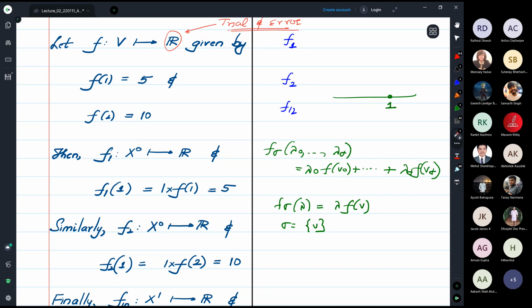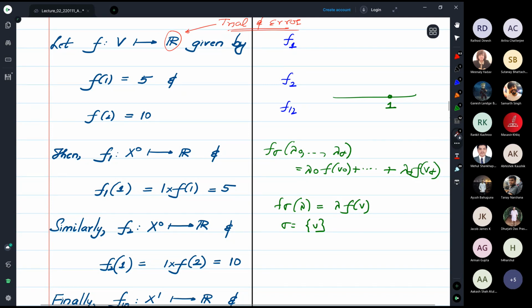Okay. Yes, Siddharth, you had a question. Siddharth, please unmute. Am I audible now? Yes, you are audible. Good morning, sir. I was just wondering whether this set we are generating is akin to the generating set in linear algebra.